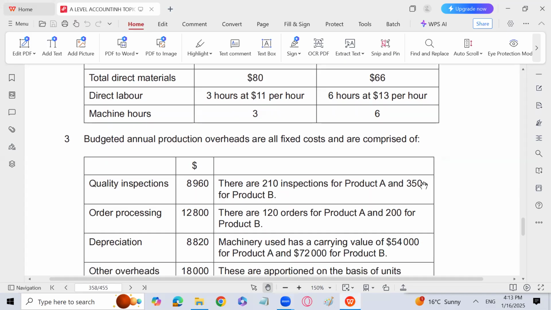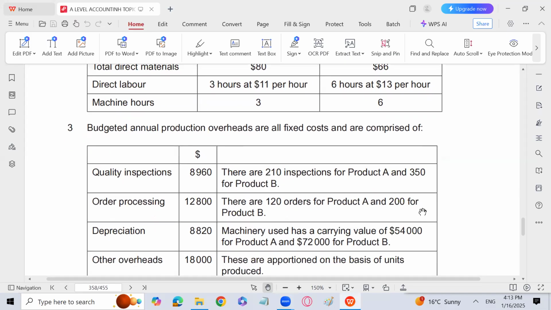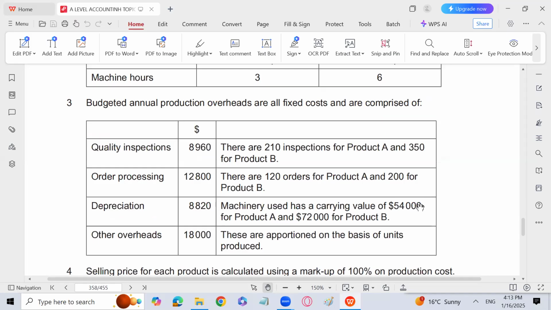Budgeted annual production overheads are all fixed cost and are comprised of quality inspection 8960. The apportionment is given. Order processing 12,800. Apportionment is given for number of orders. The above is number of inspections. And depreciation is for the carrying value of the machinery, and other overheads are apportioned on the basis of units produced.